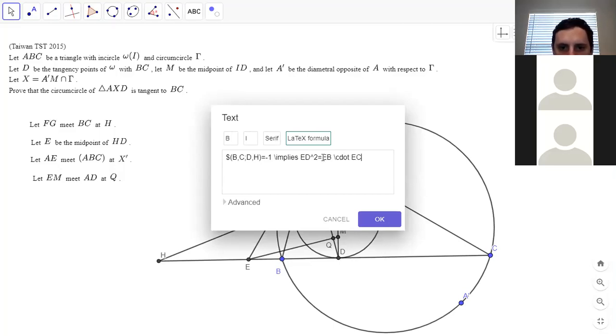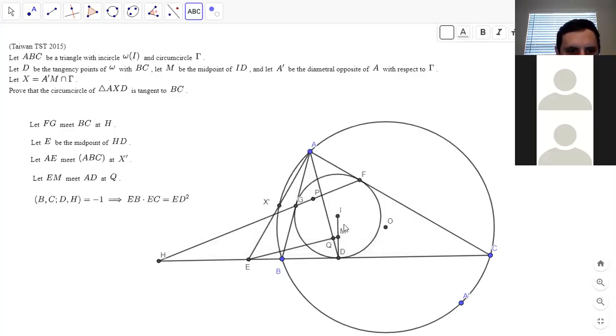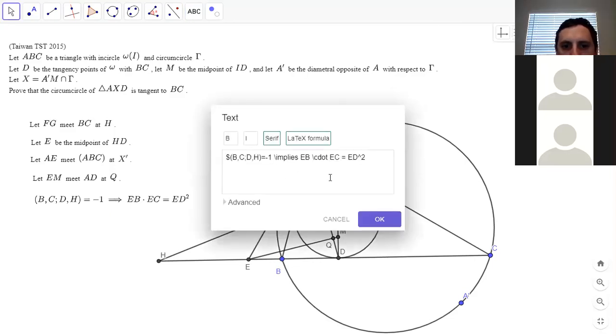In fact, I'll do it the other way. So this is ED squared, or well, no, actually we want it the other way, my bad. So that would be EX prime times EA.